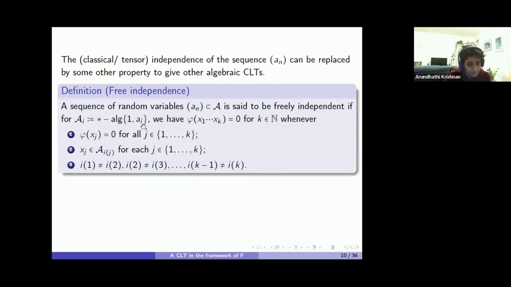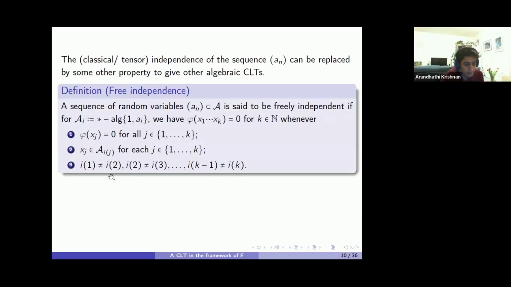So what we want is that phi of this product x_1 to x_k to be 0 for all k and n whenever the following happen. Phi of each x_j is 0. What are these x_j's? Each x_j comes from the star algebra capital A_{i_j}.